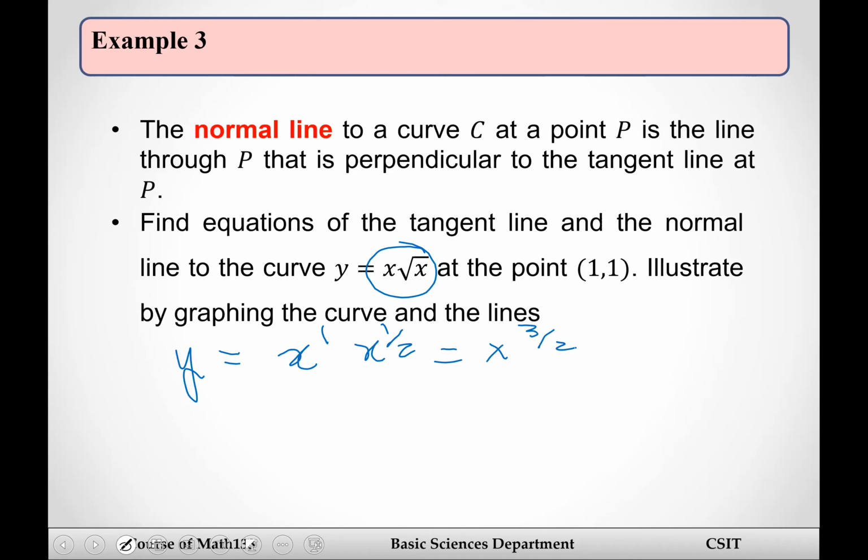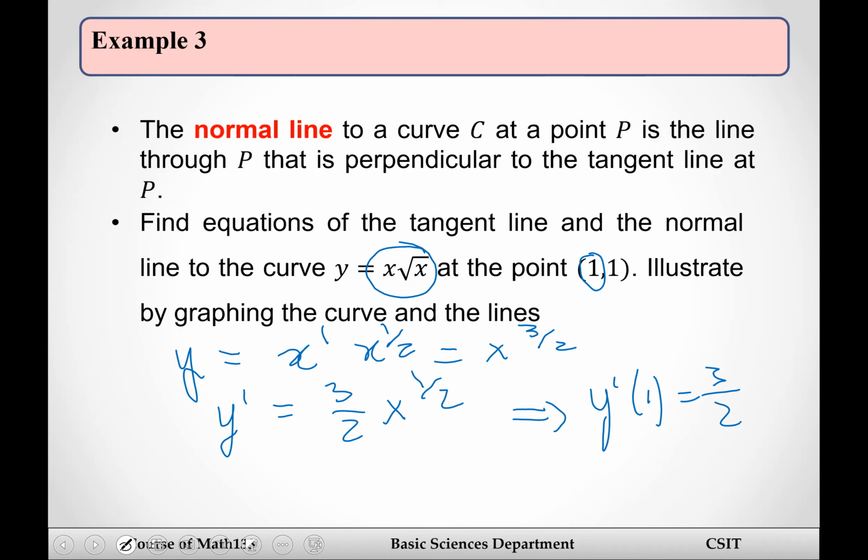And now the derivative will be easy because y prime will be 3 over 2 x power 3 over 2 minus 1, which is minus 2 over 2, so 1 over 2. Then apply this at the point x equal to 1. So y prime of 1 is equal to 3 over 2, 1 power half, that means 1. So y prime at 1 is equal to 3 over 2.